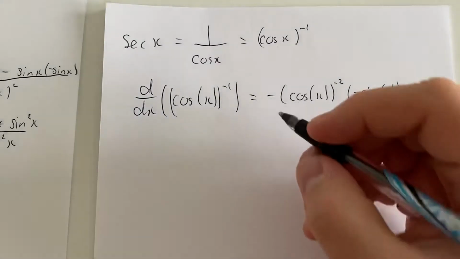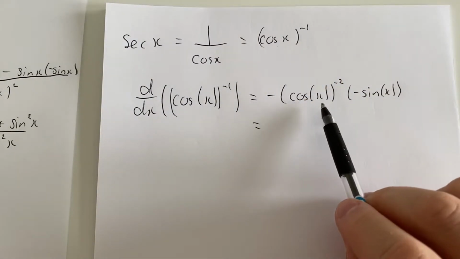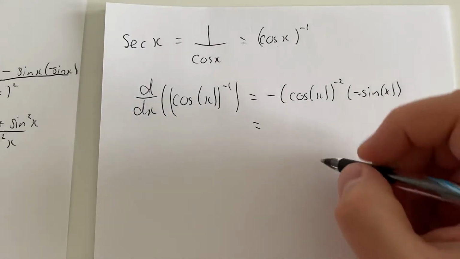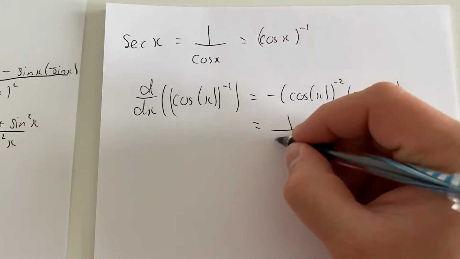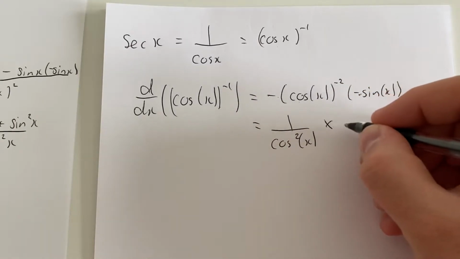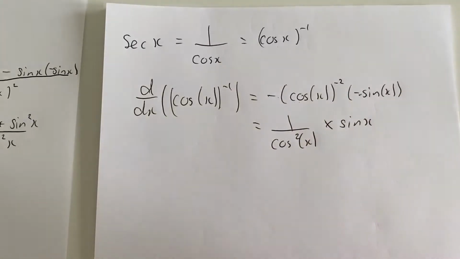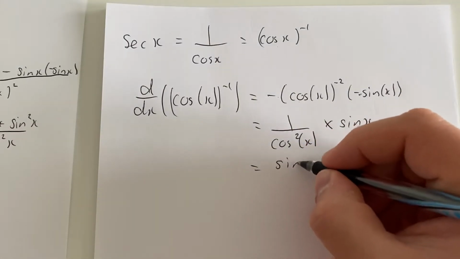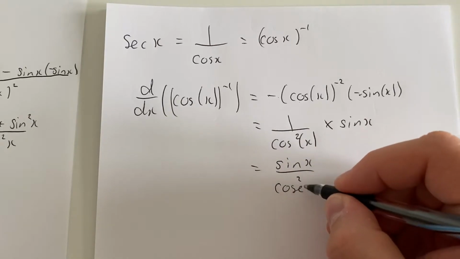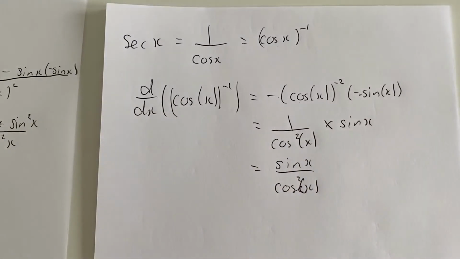So getting a little bit more complex. Minus times a minus is a plus, and that is 1 over cos squared x multiplied by sine x, or sine x over cos squared x.